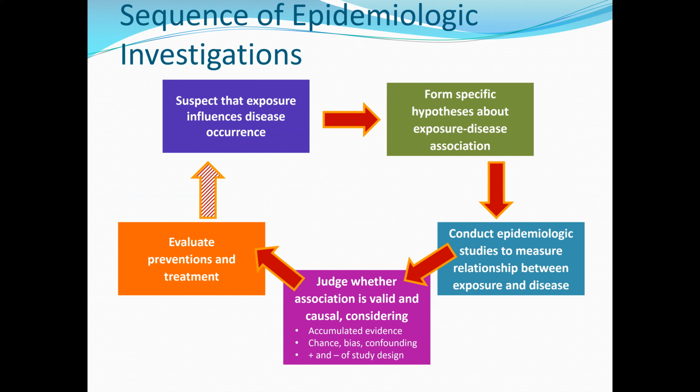Let's say a specific disease in a specific region for the past 10, 20 years has been around 5% of the population. All of a sudden it goes to 20, 30, then we may surely have an outbreak. So we have a suspicion now, and we have to do a study to find if any exposure influences that disease occurrence. This will lead us to form a specific hypothesis about the exposure-disease association.